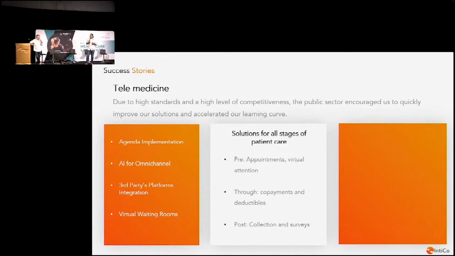We base that on quality, qualitative, right? So for example, if you remember, at the beginning I told you that we start with only agenda implementation. After that, we receive feedback from our customers that they need more. That they don't need only agenda implementation.